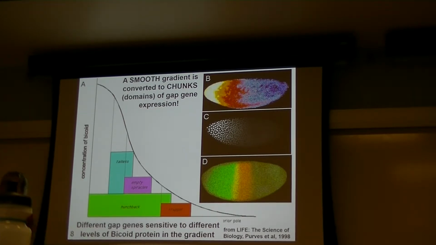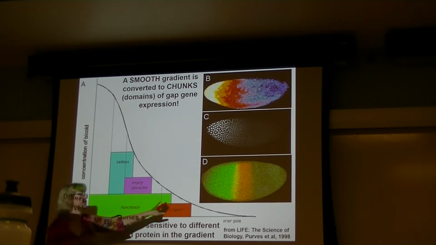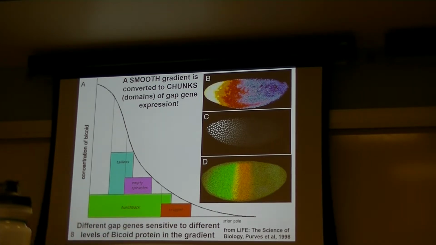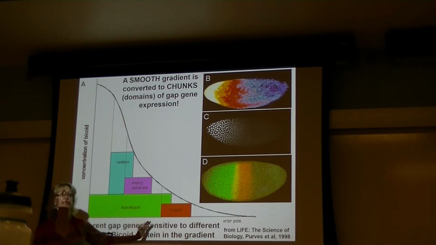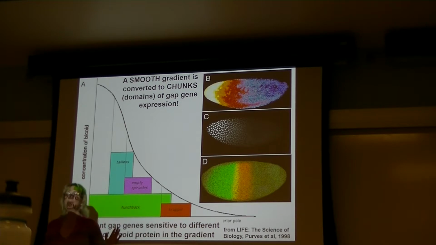So they're very particular about exactly how much they will respond to, and too much is bad, too little is bad. And if you start to put together multiple different gap genes, you can really get a very fine level of differentiation, that is a fine level of differentness across this anterior-posterior axis. And this will help that embryo to divide up the anterior-posterior axis into different regions or territories that could become the appropriate types of structures.